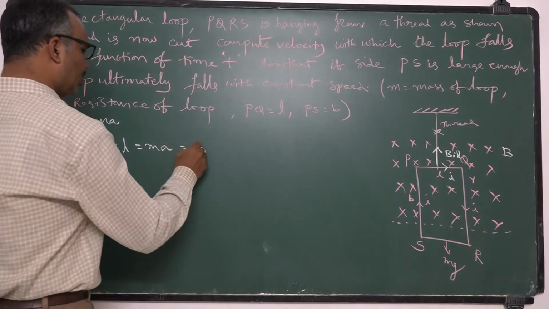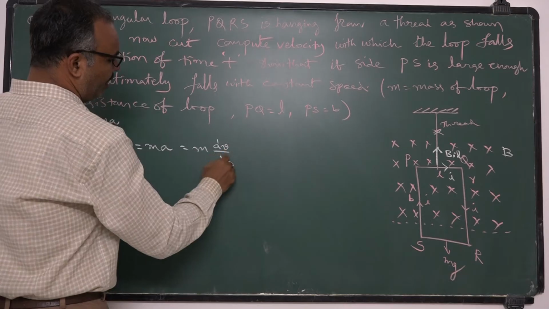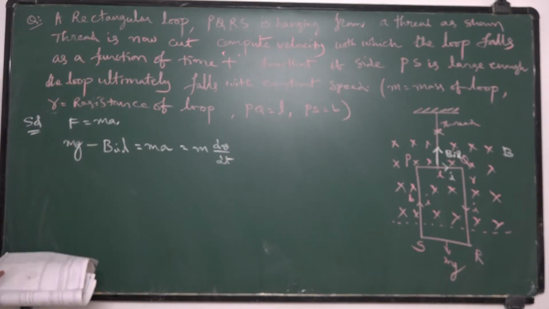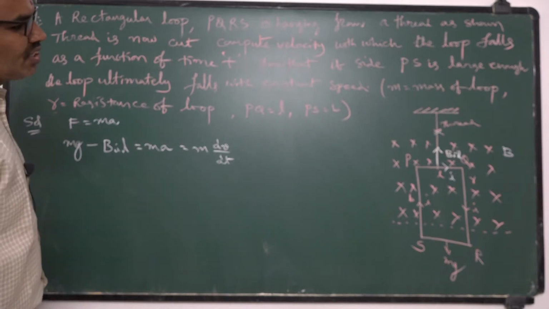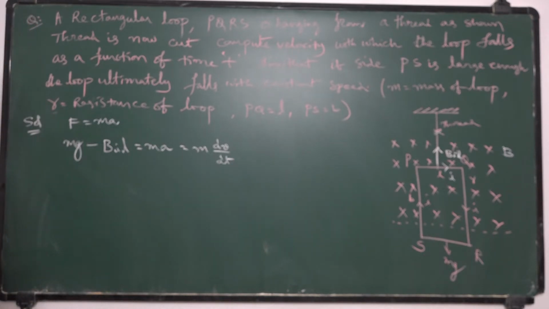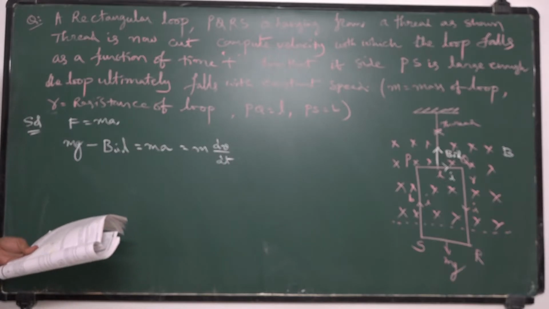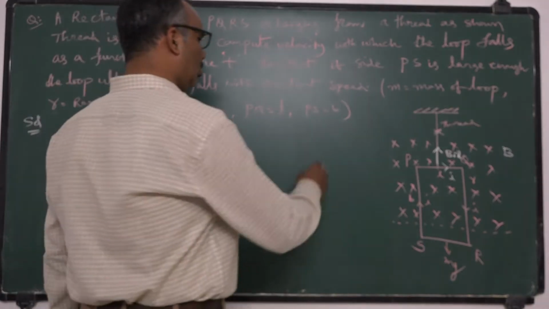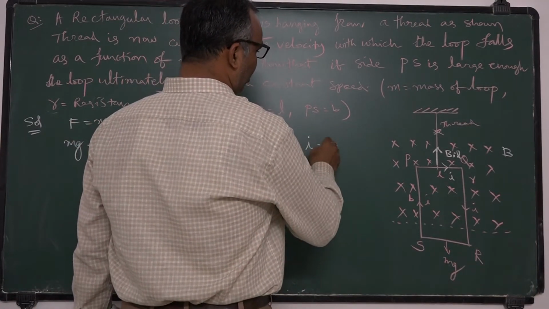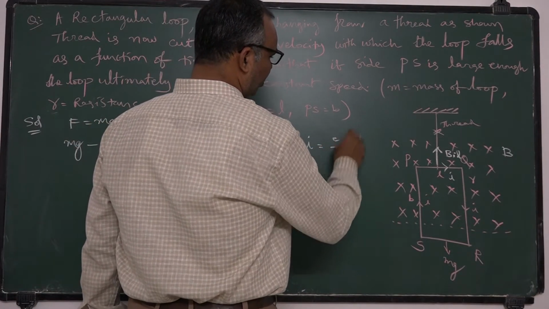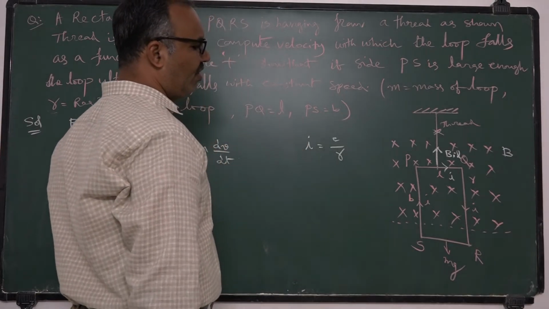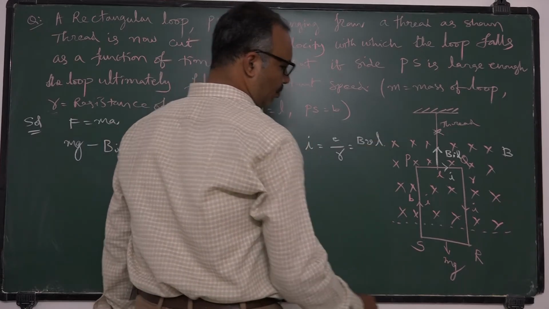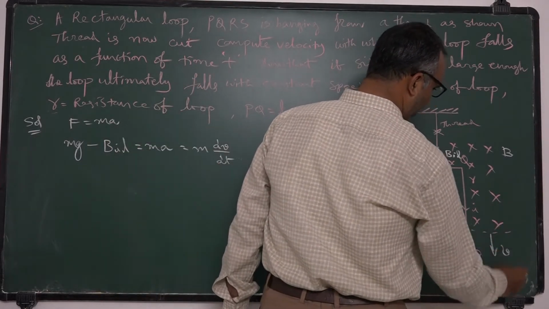You know that acceleration can be written as dv by dt. And how do we calculate the strength of the current passing through the loop? Current is equal to the EMF developed divided by the resistance of the loop. EMF developed is given by BvL, supposing it is moving down with a velocity v at a particular moment.